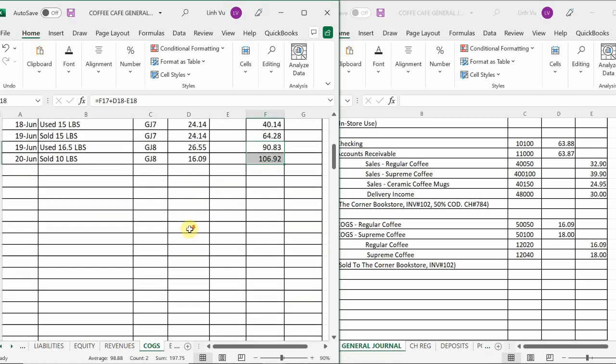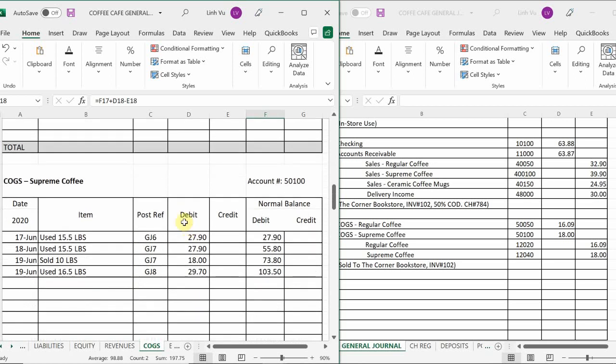Good. We sold 10 pounds for another $18. So therefore, what is my total cost of goods sold here? 121.50. Okay.